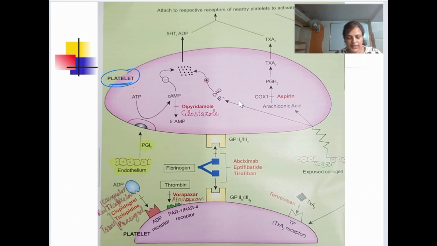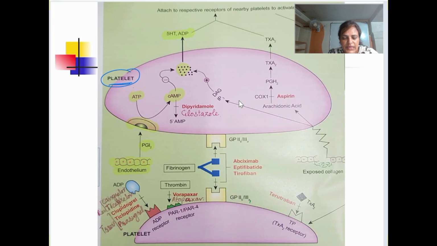Prostacyclin receptors are there on the surface of the platelet, so it binds here, which converts ATP into cyclic AMP. Now this cyclic AMP inhibits the secretion of 5-HT, ADP, calcium and thrombin, all of which are released from the granules of the platelet. Because of that the platelets do not stick to one another; this is one reason. And NO acts as a vasodilator.